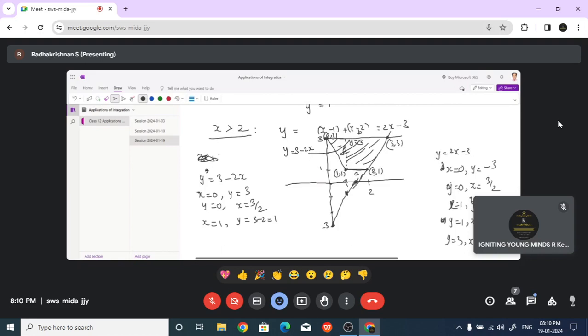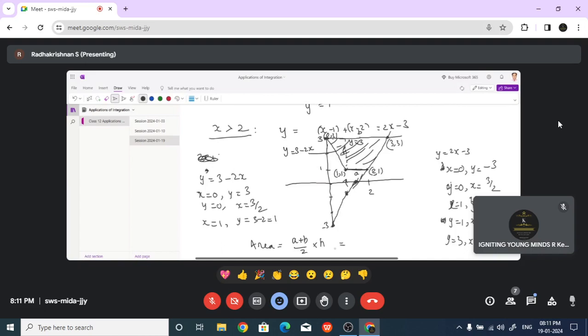So if it is a rectangle, you will put H into L, right? Now if it is a trapezium, since the two lengths are different, we take the average of the two parallel sides and multiply by H. So area will be (A plus B) by 2 into H.